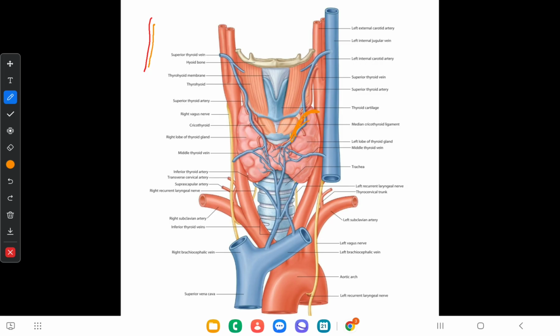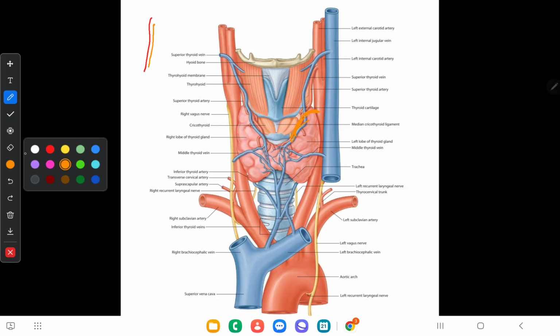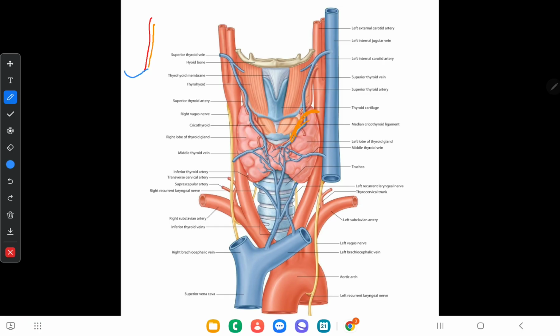The artery enters the gland at the upper pole, but what happens to this nerve is it goes more deeper like this. So the upper pole is the safest site for tying the superior thyroid artery during the thyroidectomy.